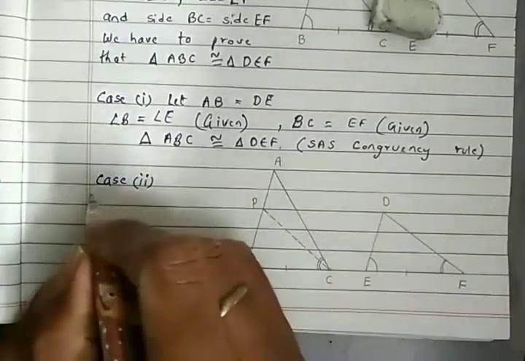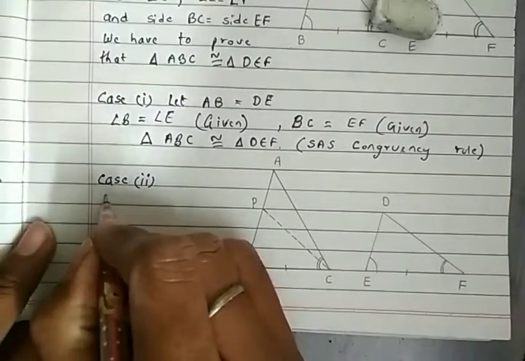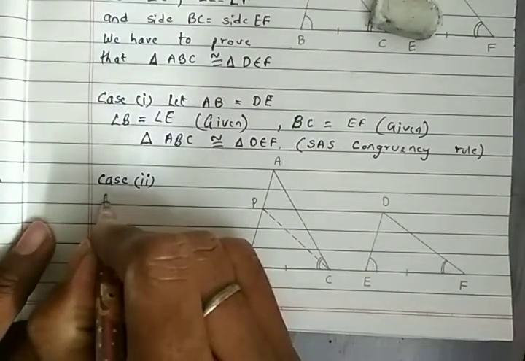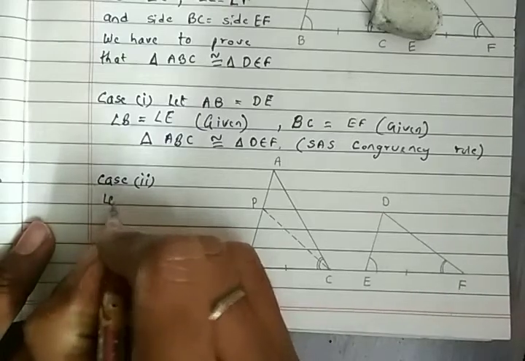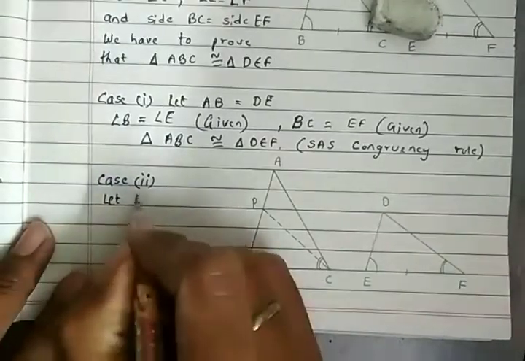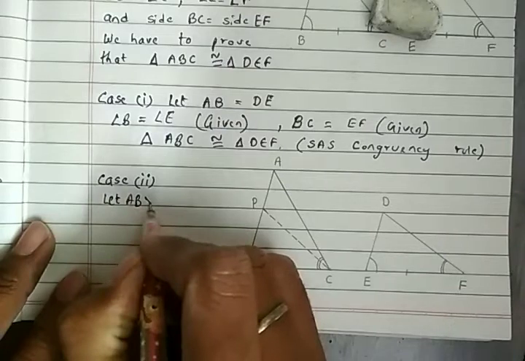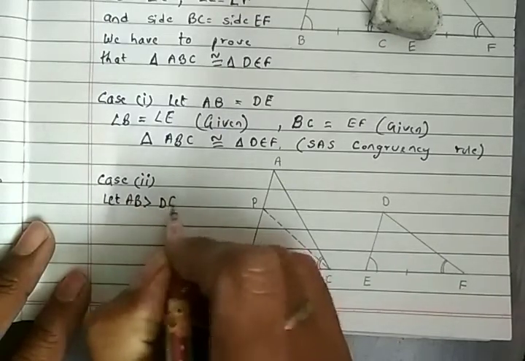Here we will write everything we have said. Let AB be greater than DE.